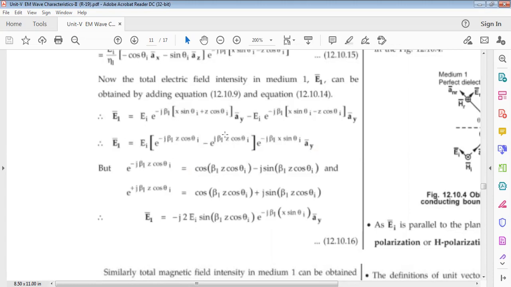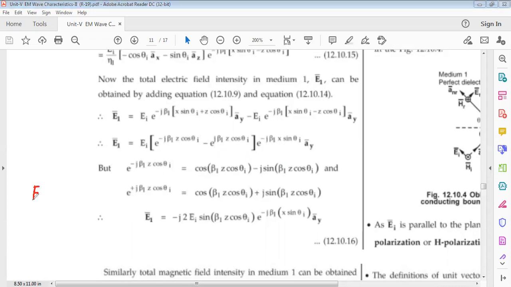What is e power jx minus e power minus jx divided by 2, it is the cos function. But e power minus jx is equal to cos x minus j sin x, by Euler's rule.